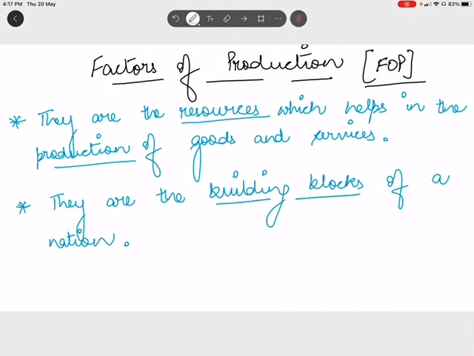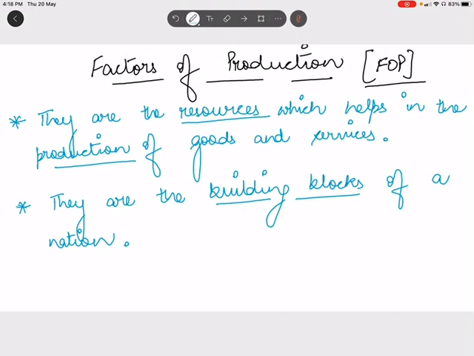So, factors of production are actually helping the producer to produce goods and services, whatever they want to produce. Supposedly, I have a factory in which I am producing, let's suppose, plastic water bottles. Now, in order to produce plastic water bottles, I need to have a lot of things which will enable me to produce those water bottles.